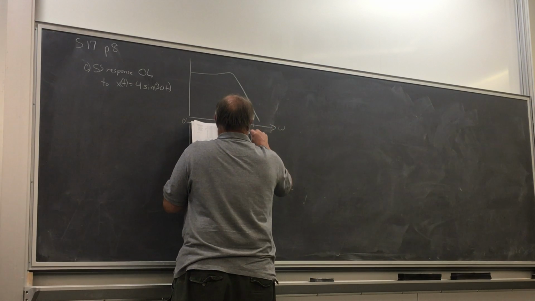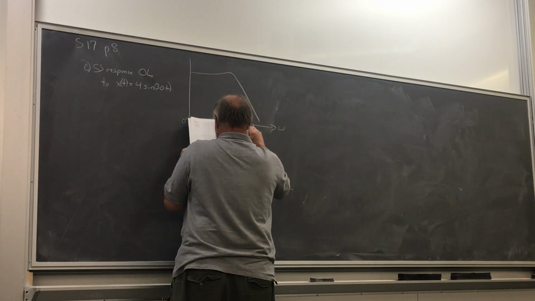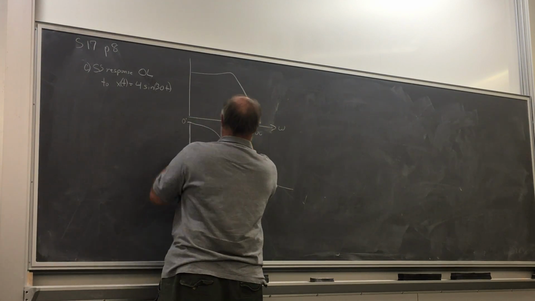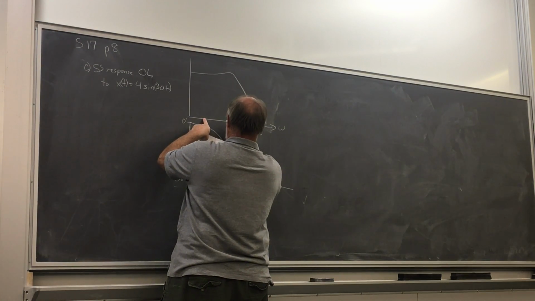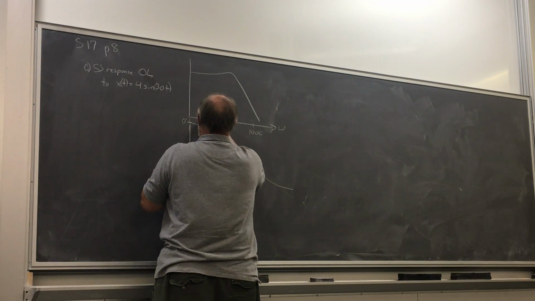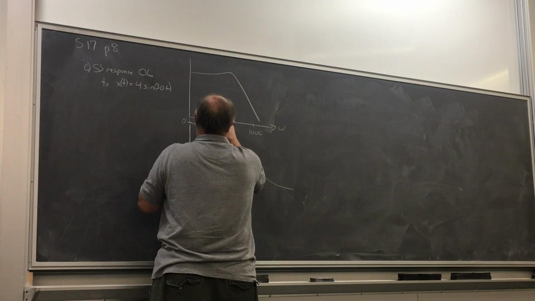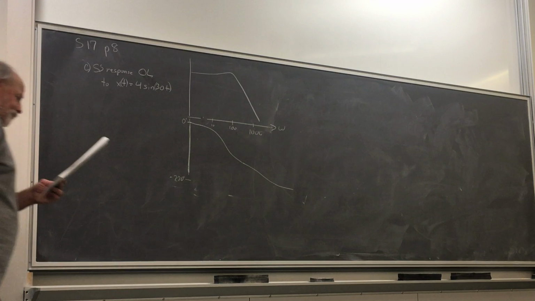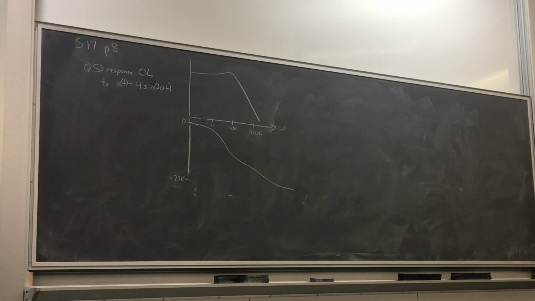This is about 10 cubed, or about 1,000. Let's see if I can. About 1, 10. Nope, that doesn't work. 10, 100, something like that. Okay. Yeah, too far off.